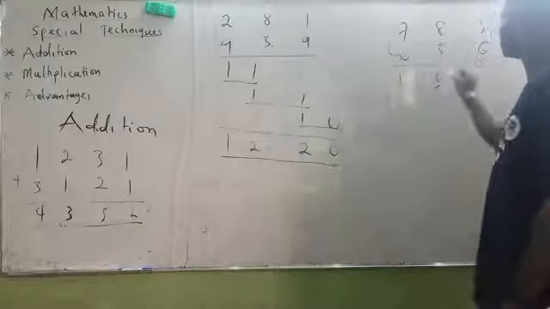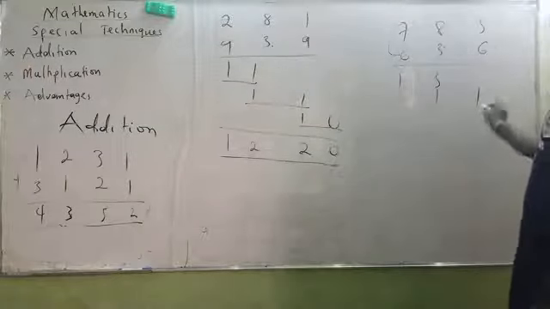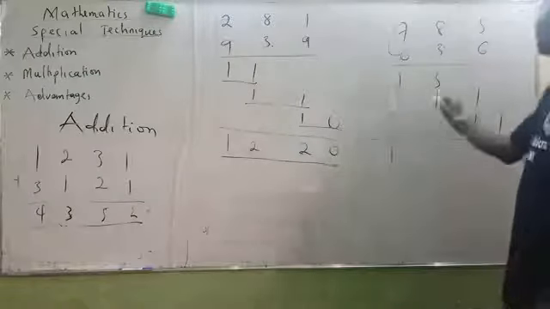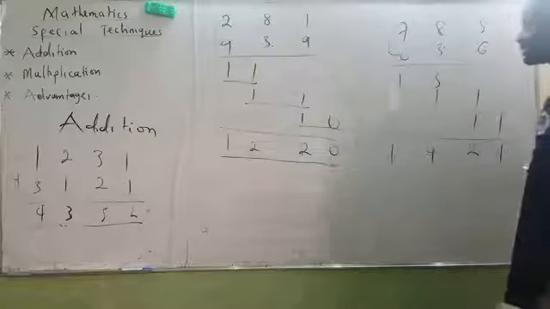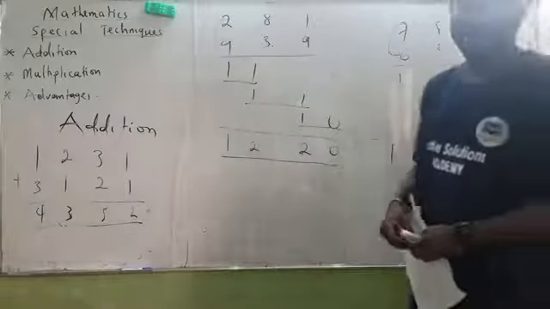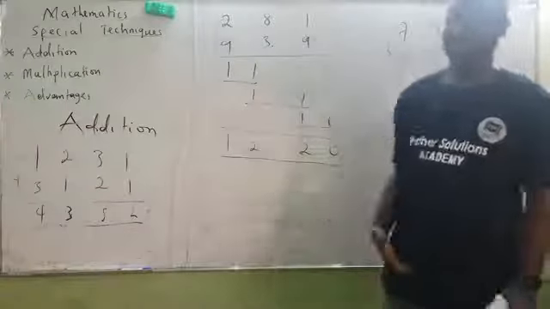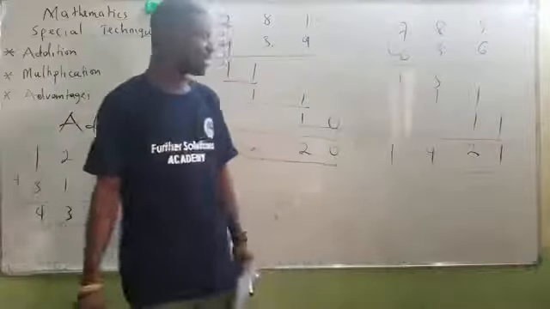This plus this, it will be 11. And this plus this will be 11 also. My answer becomes 1, 4, 2, 1. That is my answer. That is what I'm trying to work on in this video. I think you can use this, and it's faster and better in that area also.